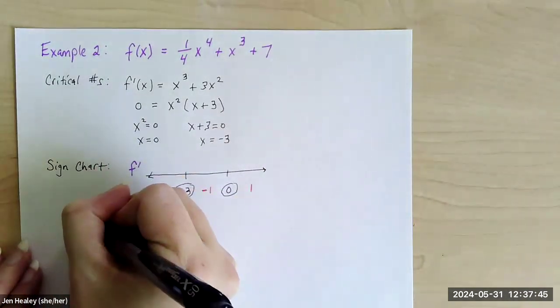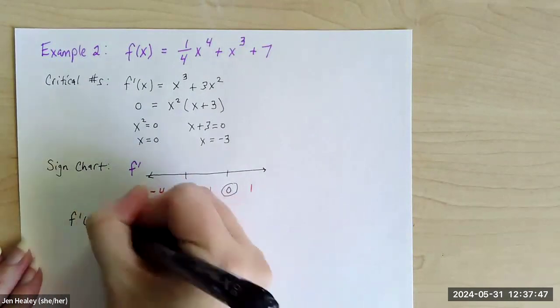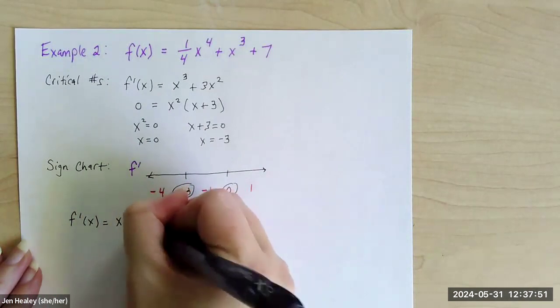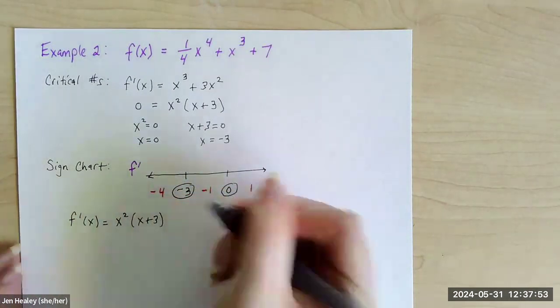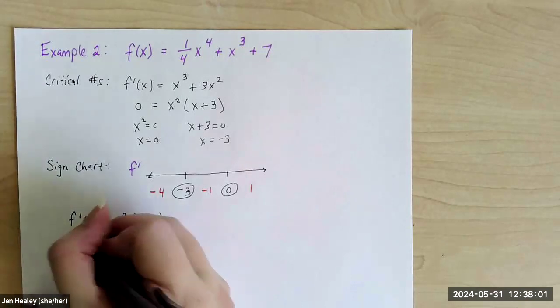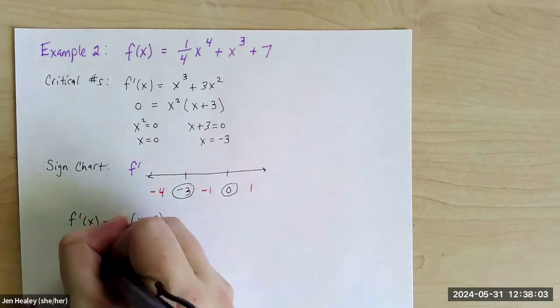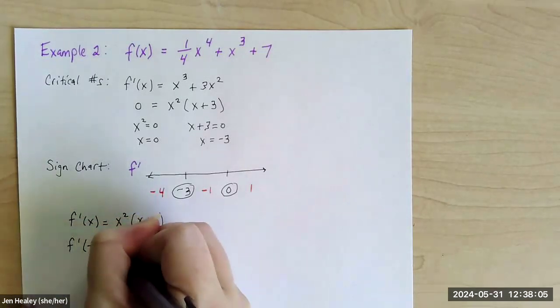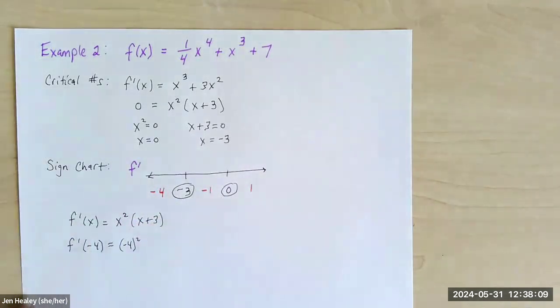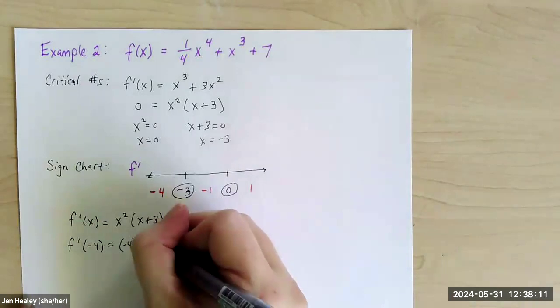Now, my derivative might be easier for me to test written in the factored form like this. Doesn't have to be, you can use the original, but if this makes it easier for you to figure out the signs on things, you might want to do it this way. So if I do f prime of -4, and I plug -4 in here and I square it, I know that term's positive.